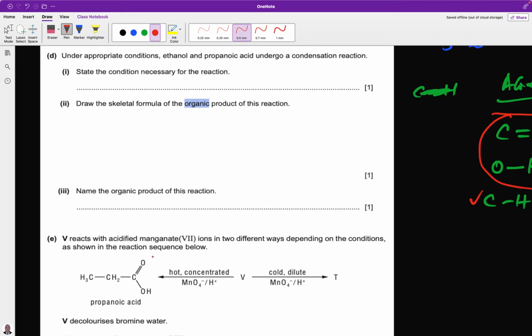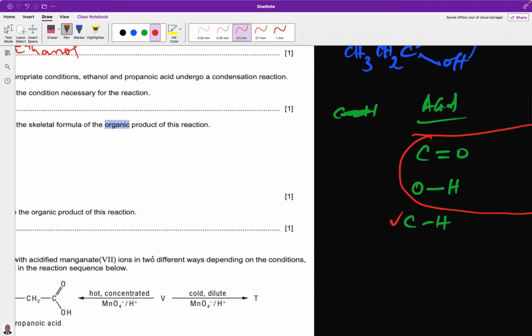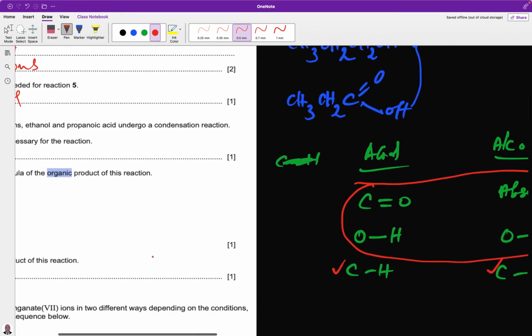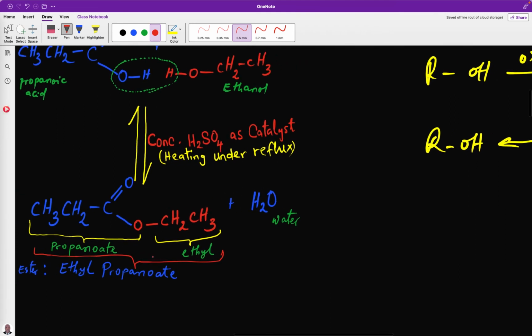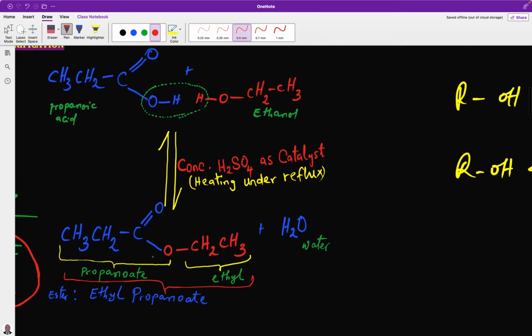In our previous video on esters, you will see that when propanoic acid reacts with ethanol, there is a condensation reaction. A molecule of water is removed from this reaction, and an ester is formed.